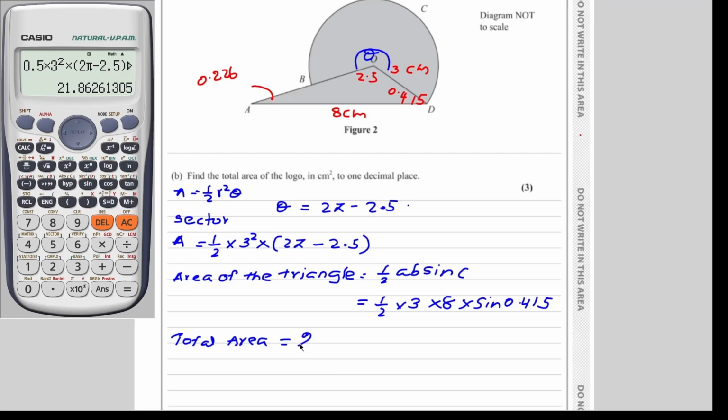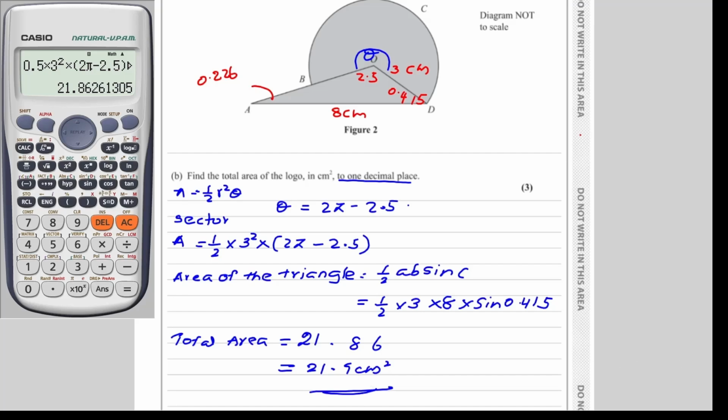So total area 21.86. We need to leave our answer to one decimal place. If you don't leave your answer to the first decimal place, again you lose 1 mark. It is 21.9 square centimeters.